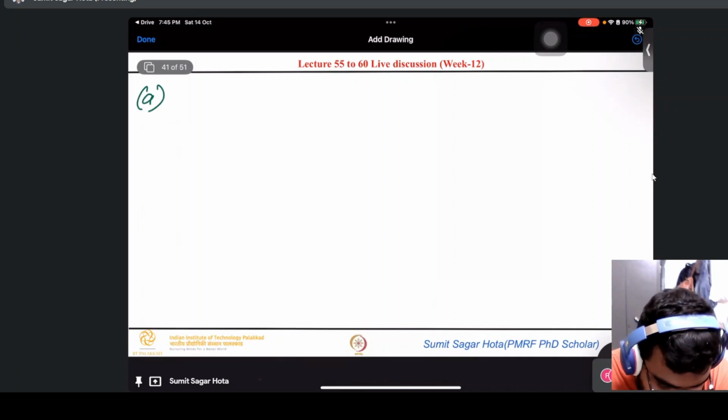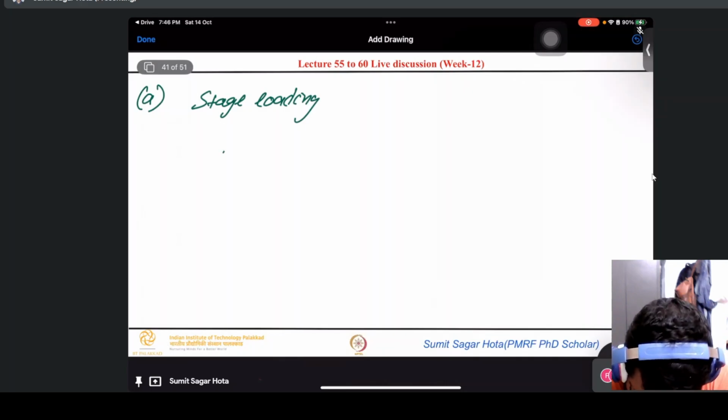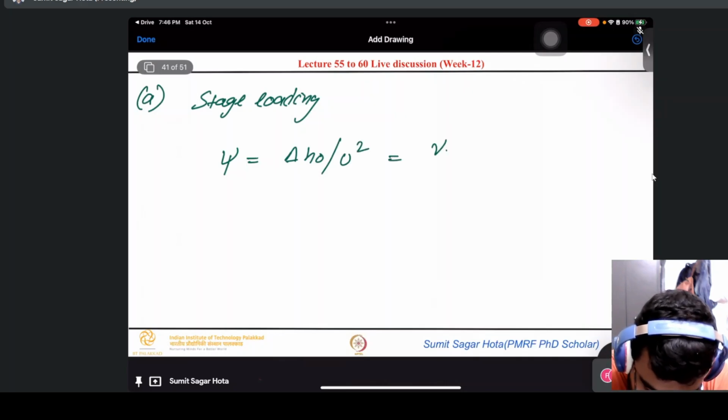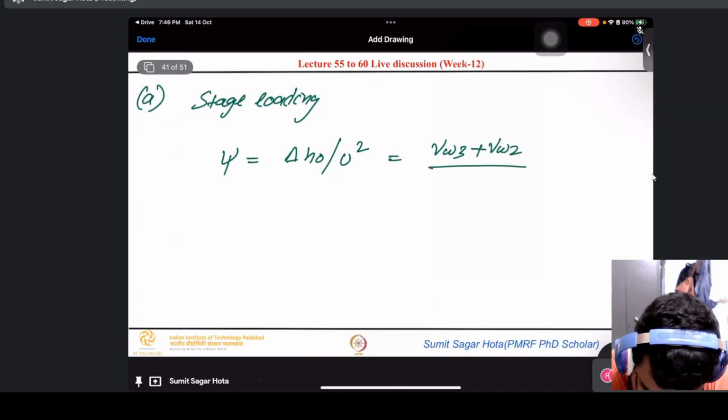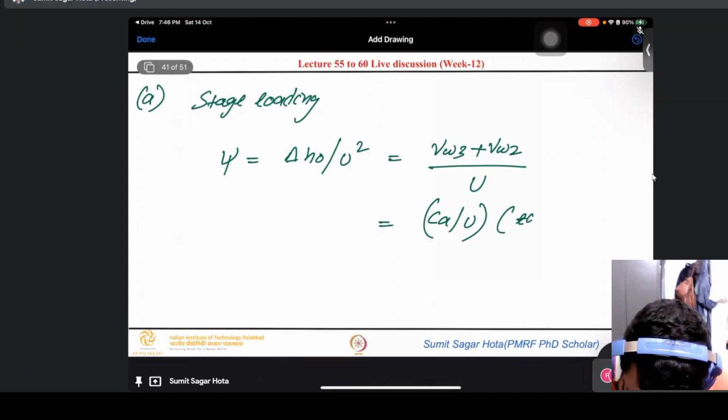Stage loading is given by what? psi equal to delta H0 divided by U square, equal to (W3 plus W2) divided by U, which is Ca by U (tan beta 3 plus tan beta 2).